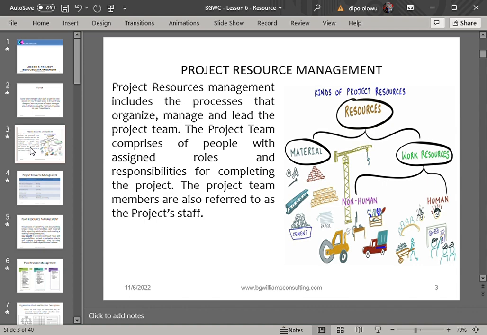So project resource management is the project manager thinking, how do I begin to assign roles and responsibilities? So assigning roles to the project team members, assigning roles to other material resources.